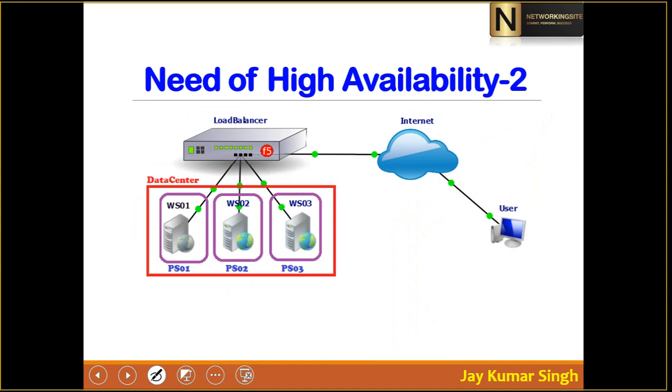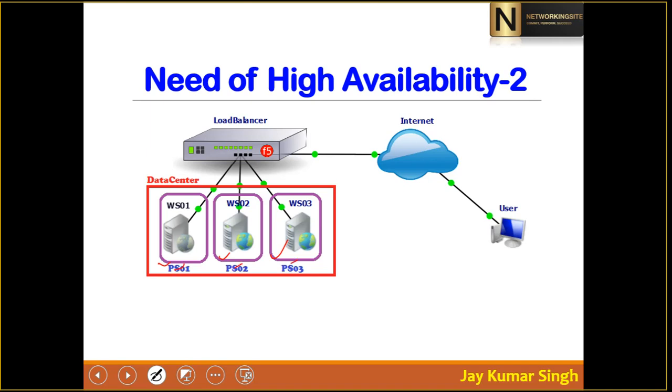Then you will think about a second solution: let's have different physical machines. So now you have physical server 1, physical server 2, and physical server 3, and you host the VMs on different physical servers.